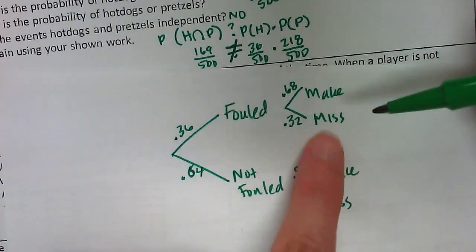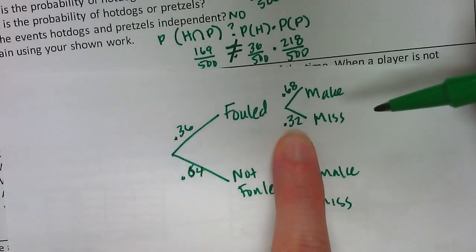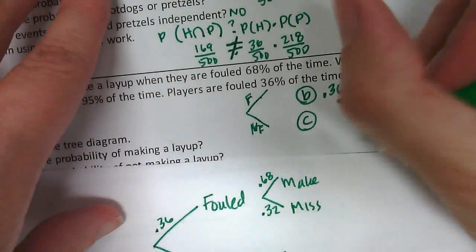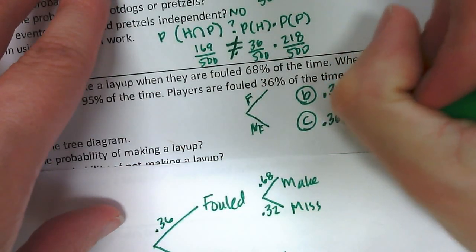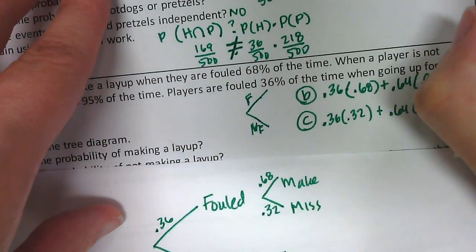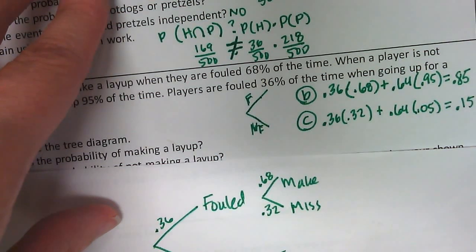So there's two ways to not make a layup. This one, which would be this times this, and this one, which would be this times this. So I'm going to go 0.36 times 0.32 plus 0.64 times 0.05. And if I round that one, it's going to be about 0.15.